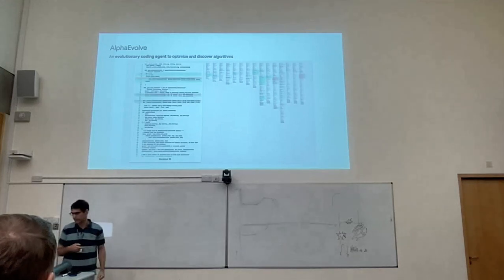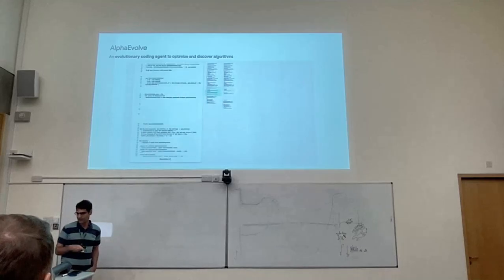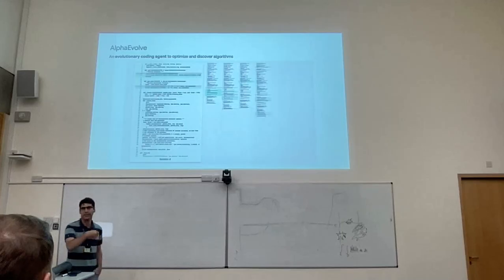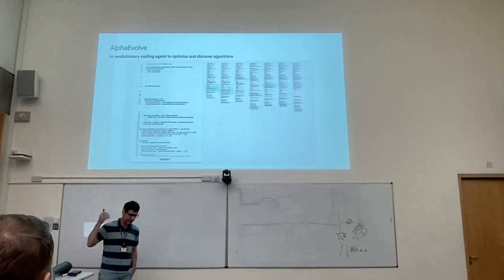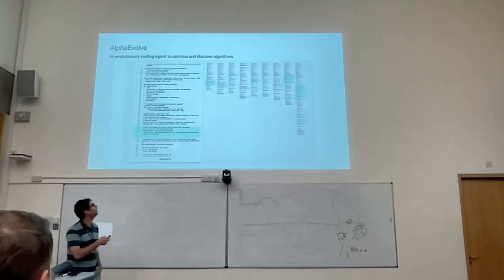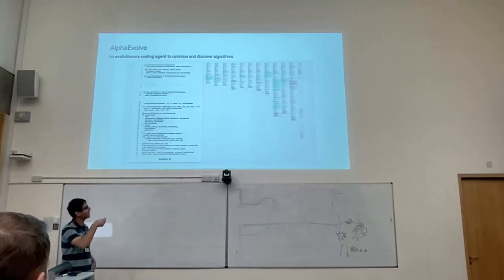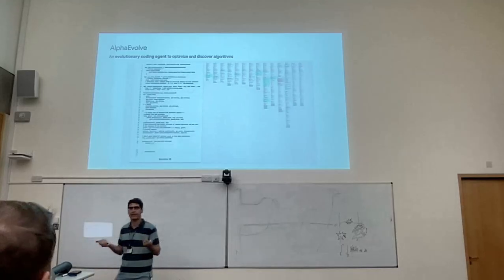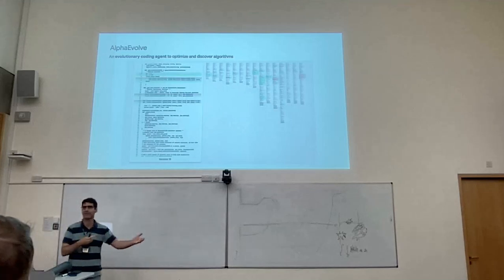So here's the visualization of how AlphaEvolve operates. Essentially, it takes some code and then starts to iteratively refine it. At the beginning, think of the code as code that outputs a collection of vectors, maybe a list of vectors that don't satisfy the constraints, or maybe they do satisfy the constraint, but it's less than 12.